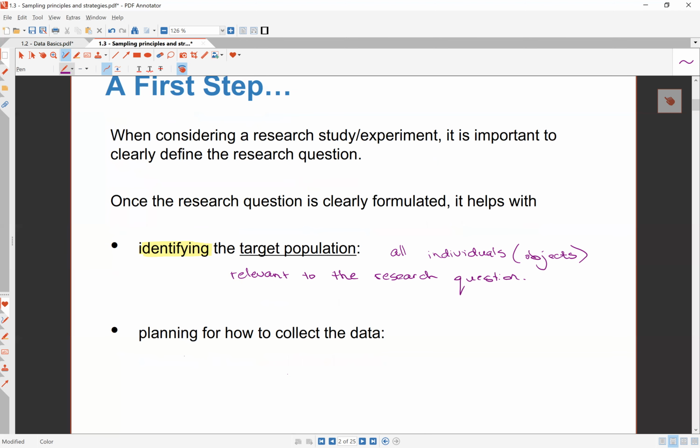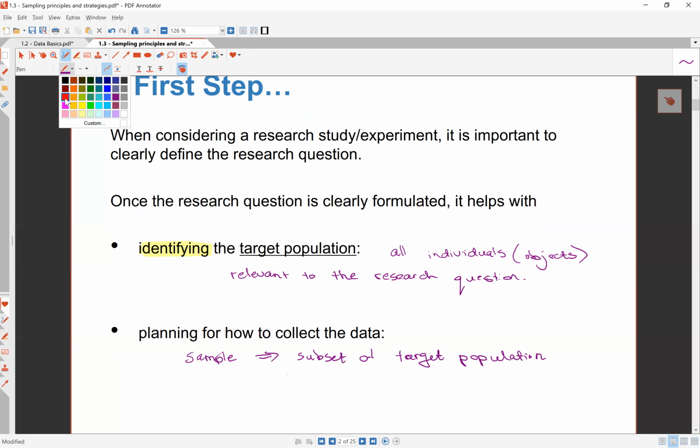So we talk about this as sampling. And a sample, our definition of that is a sample is a subset of the target population. And a subset means a group that is part of.